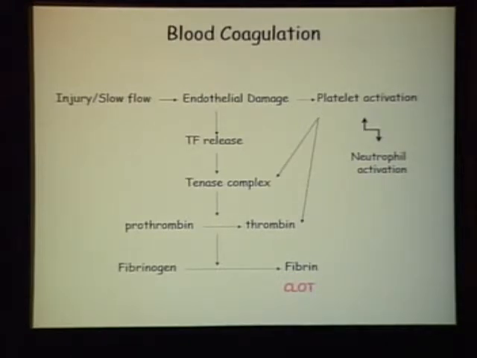Neutrophils, or white blood cells, can interact with the platelets in the same way. The endothelial damage can engender the initiation of blood clotting, and finally, in red, the clot forms. You can see that the platelets and the neutrophils and the endothelium, as well as the clotting factors in the plasma, all interact to favor excessive clotting.